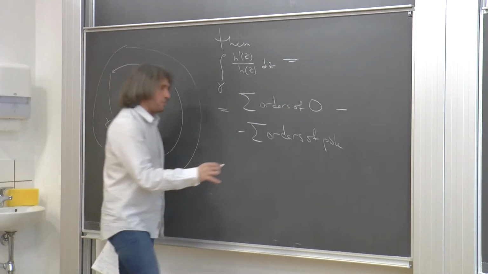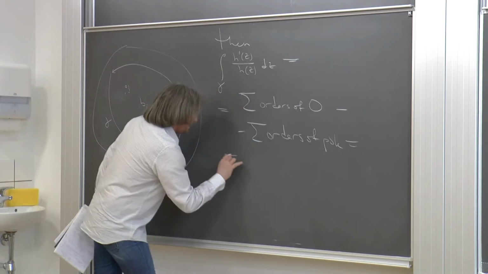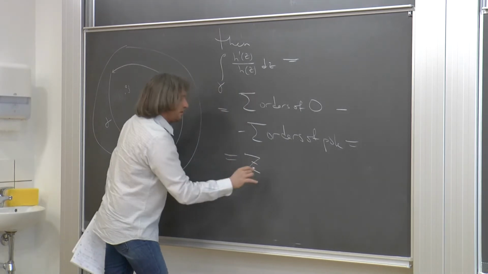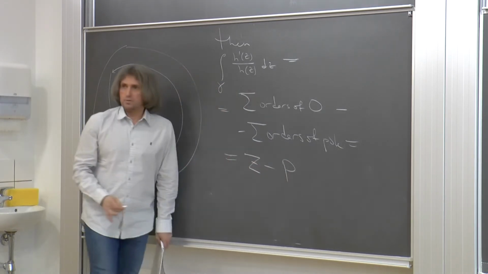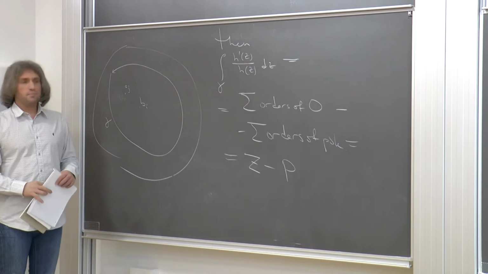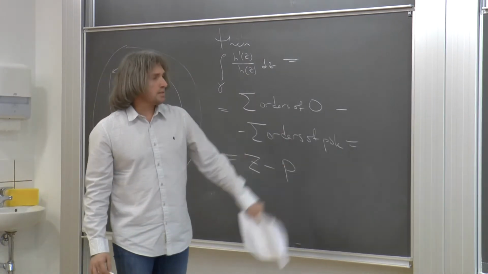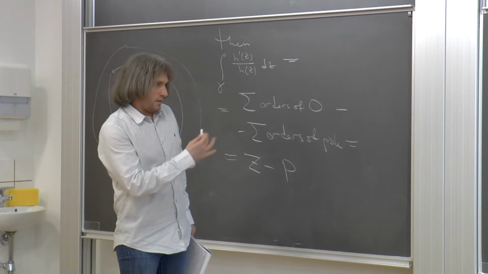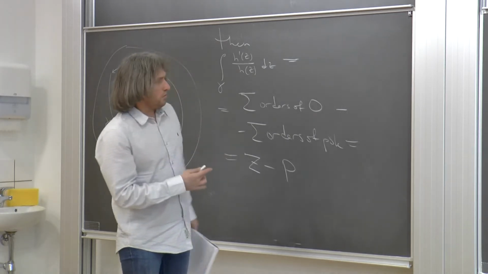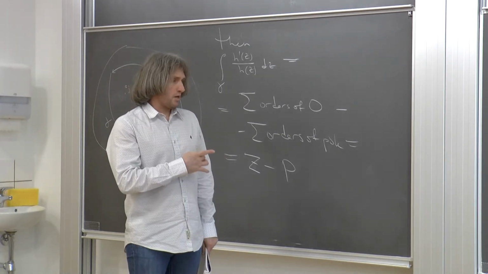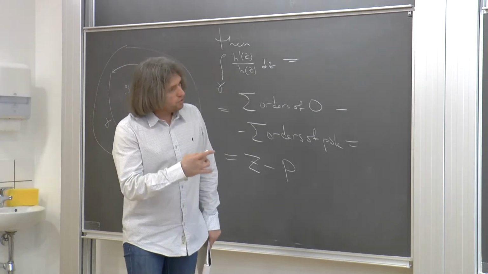In notations from the book, it's Z for zeros minus P for poles. So if we were talking about that example, the corresponding number would be equal to 0, because I would be subtracting: 3 minus 2 minus 1.